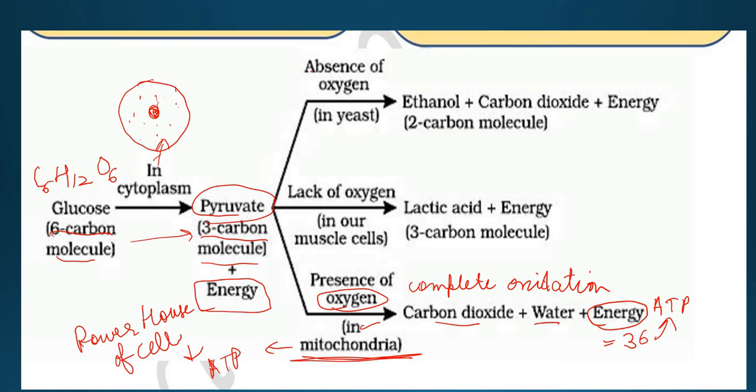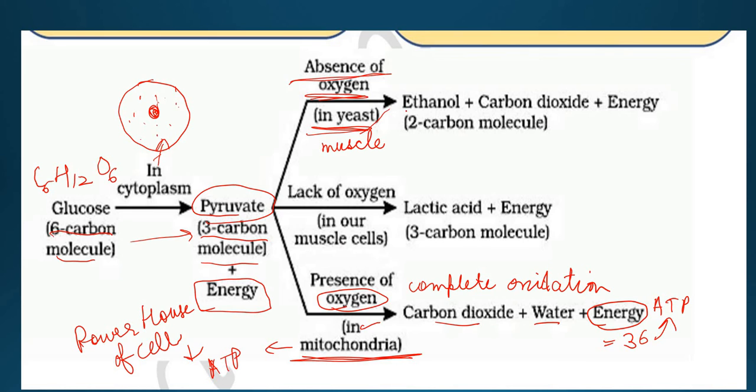Now, in absence of oxygen, as we'll see in this case, in yeast or in your muscles also. As we know, when we run too far, we feel a lot of pain in our abdomen, in our chest region, and after that, we are unable to run further.